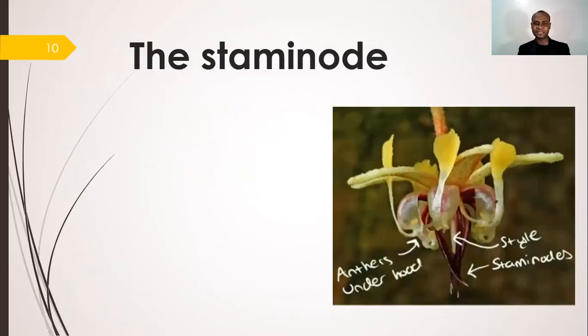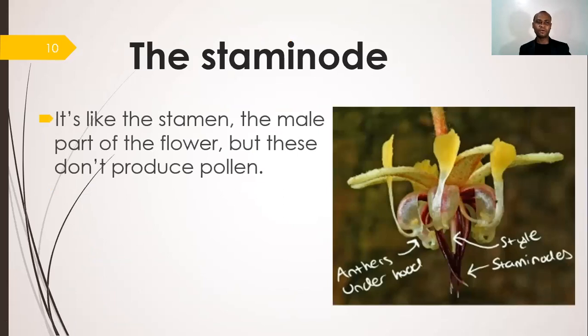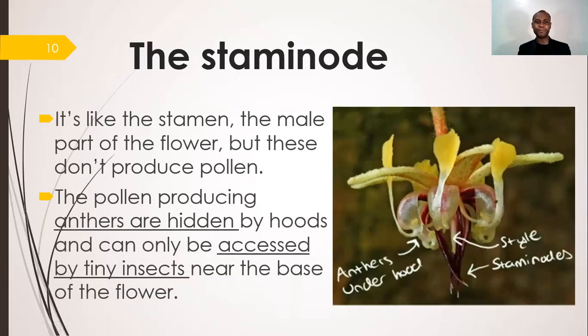All right, so let's talk about the staminodes. The staminodes are like stamens, the male part of the flowers, but these do not produce pollen grains. As you can see here, this is the staminode. They don't produce pollen grains. So the pollen-producing anthers are hidden by the hoods of the staminodes and can only be accessed by tiny insects near the base of the flower.